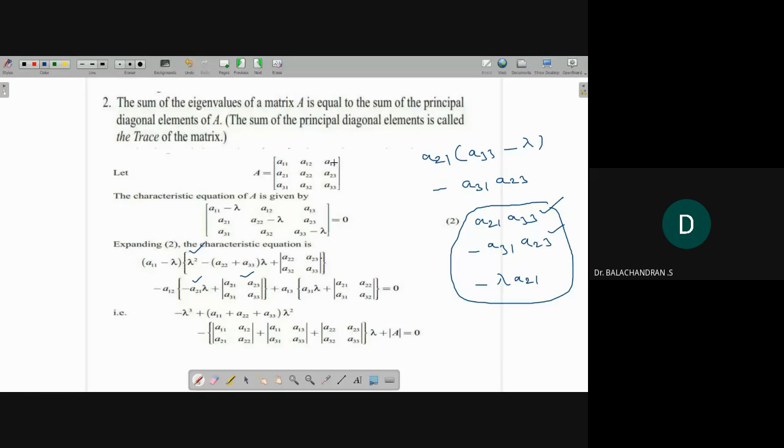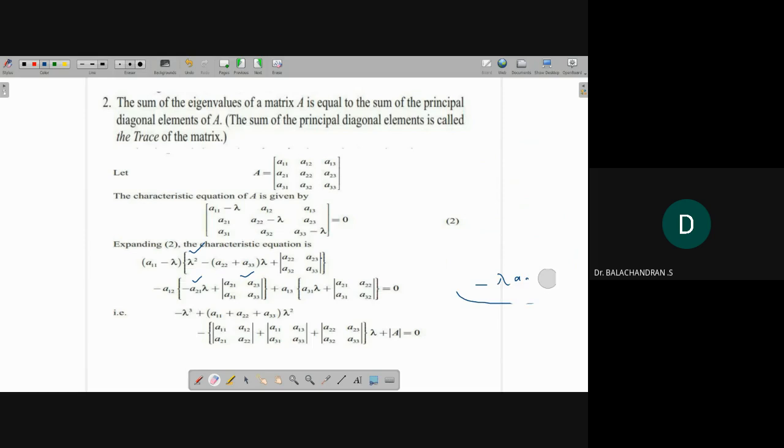Next, A13 into, leave this column, leave this row. What is remaining? Suppose if you don't understand, in your free time you can expand and verify the answer. A13 into A21, A32 minus A31 into A22 minus lambda.